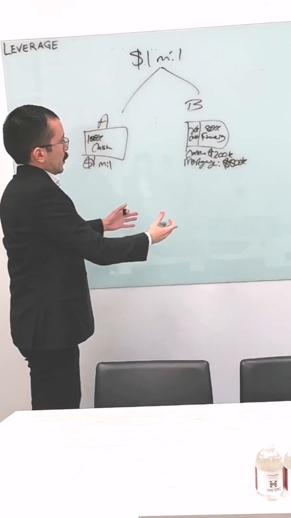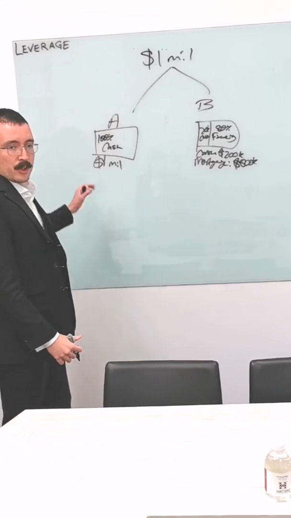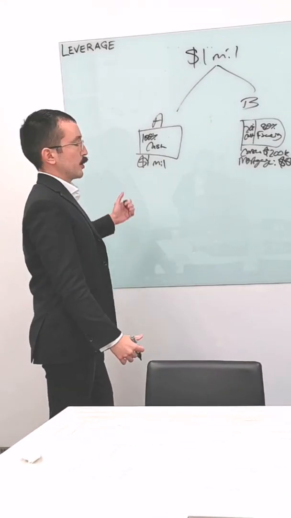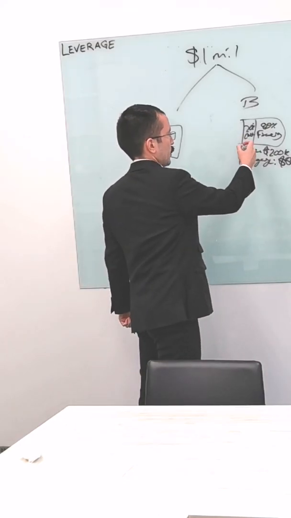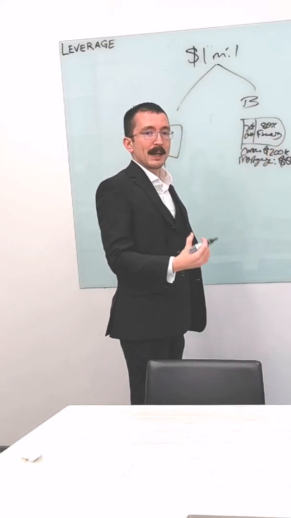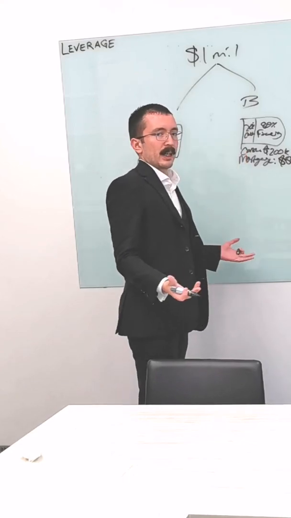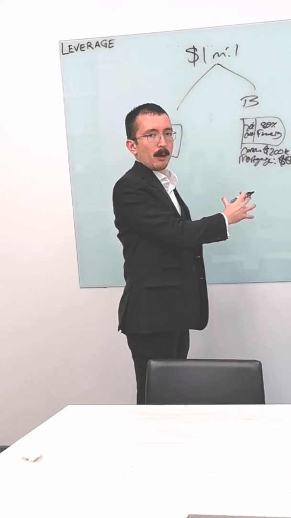So right off the bat, you can see that person A is not using any leverage whatsoever. He's decided to use 100% cash to pay for his property. Person B has taken 80% financing from the banks, so he only has to make a cash down payment of 20% and he owns the property.